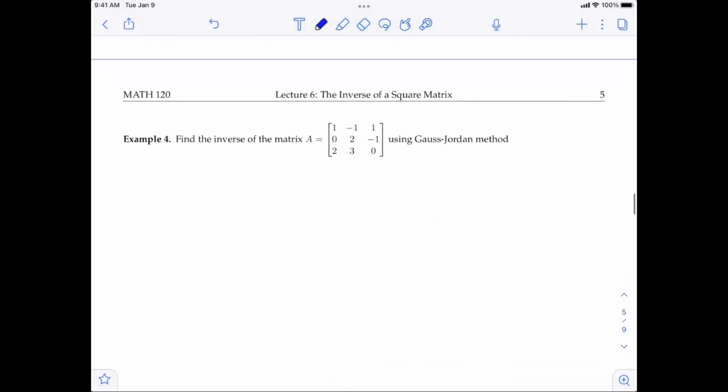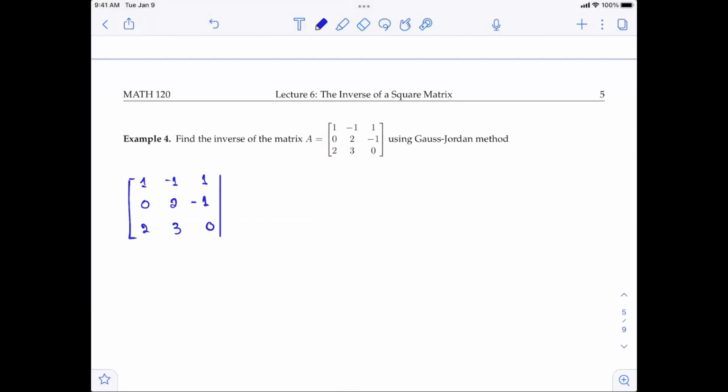Okay. All right. So you have the matrix A right here. You need to form the augmented matrix of the form: 1, negative 1, 1, 0, 2, negative 1, 2, 3, 0.